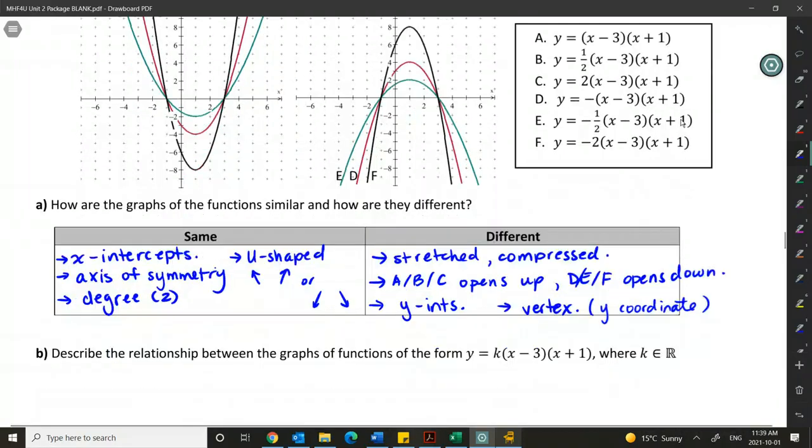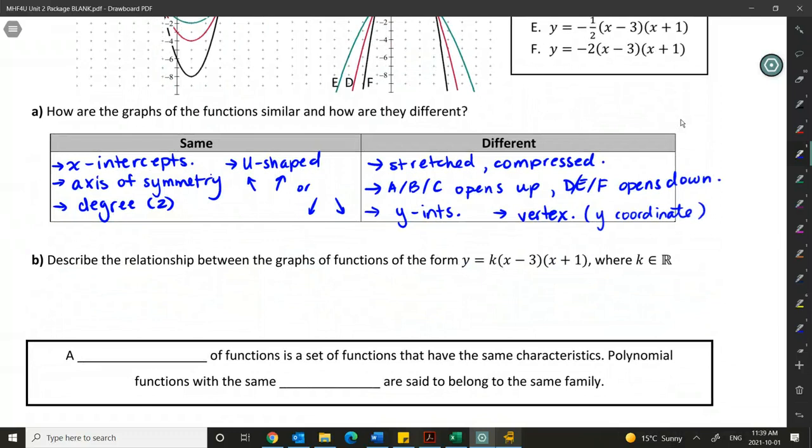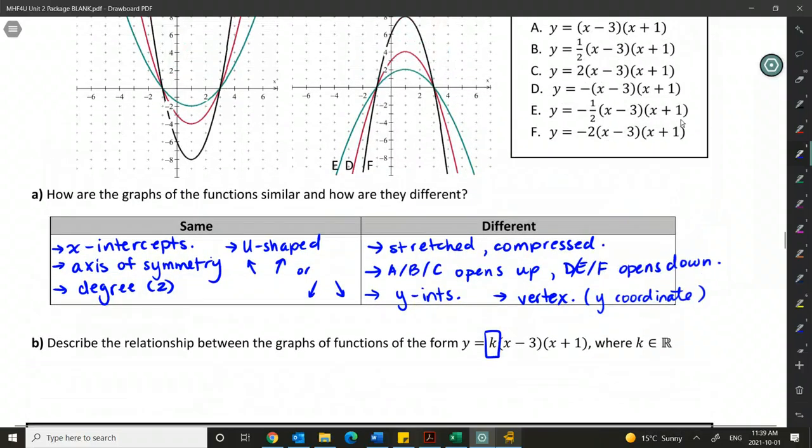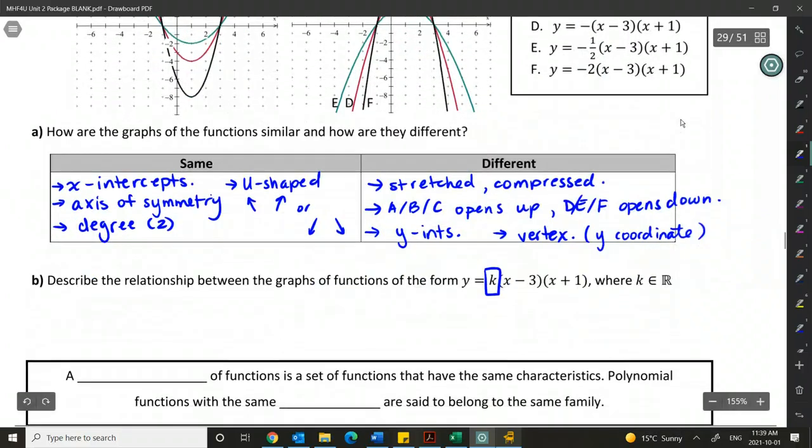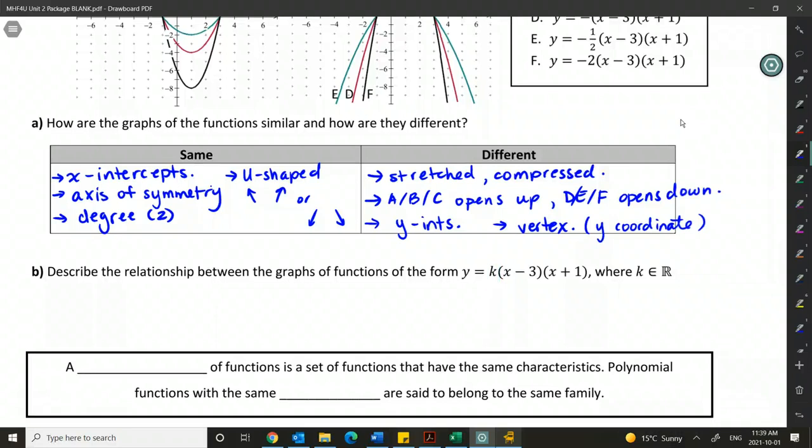Okay, so we could make a general statement, and we can say no matter what k is, so no matter what the multiple is in front of our equation, what could we describe as a consistent relationship between all of these graphs? No matter what, they'll all have the same x-intercepts.